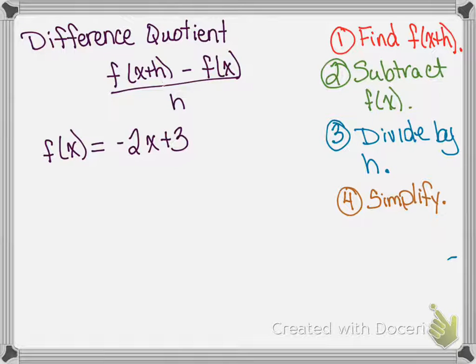So we are going to do this process, and I am going to try to use the colors to really show you what's happening. So to find f of x plus h, I am going to plug x plus h in for this x right here. That's how I do f of x plus h. So I've got negative 2 times x plus h, plus 3.